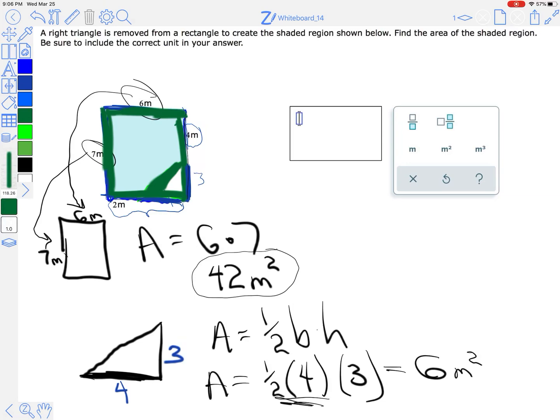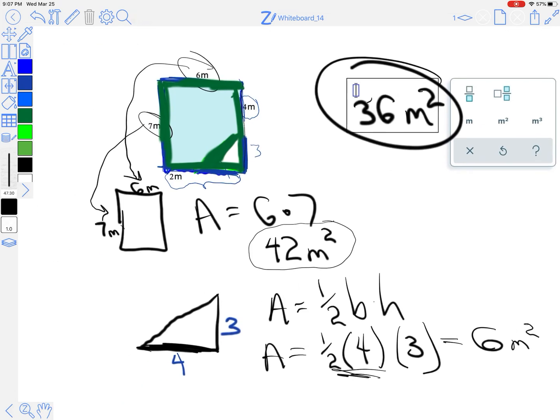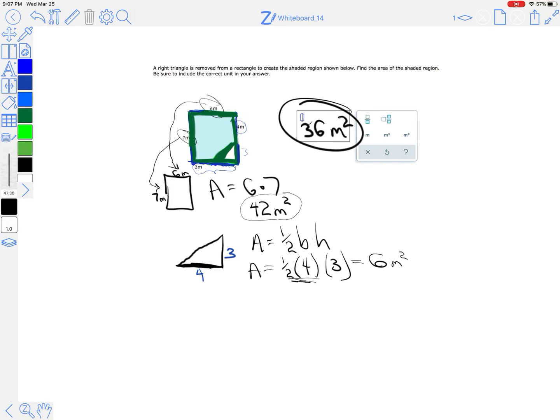And I'm thinking that's going to be 36. Double check, 42 minus 6, 36. So the final answer for this is 36 meters squared.